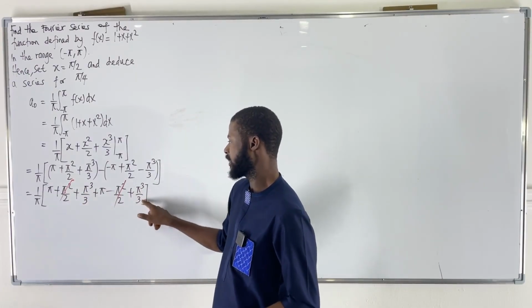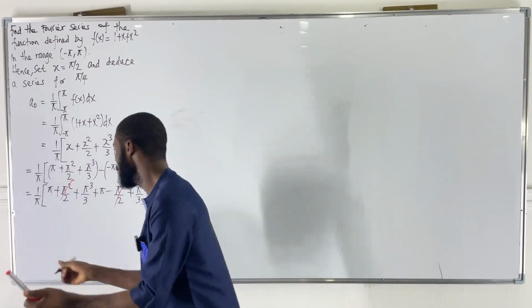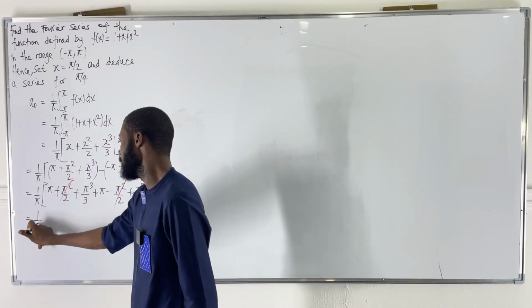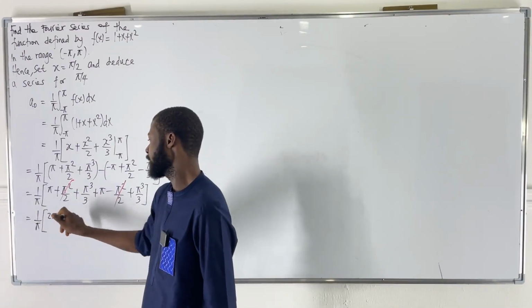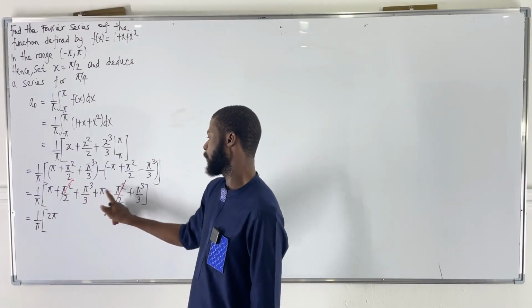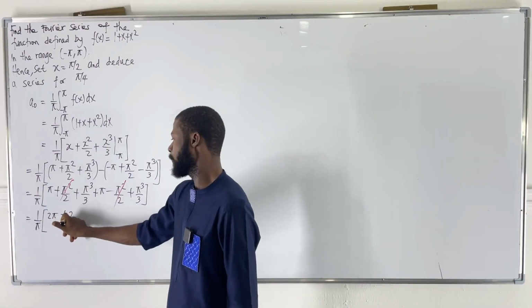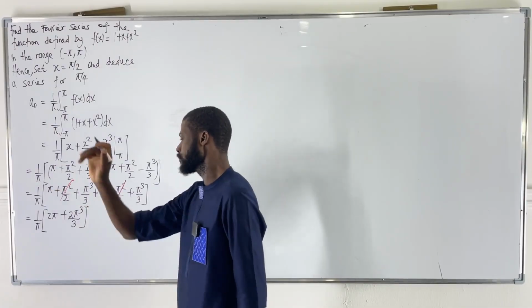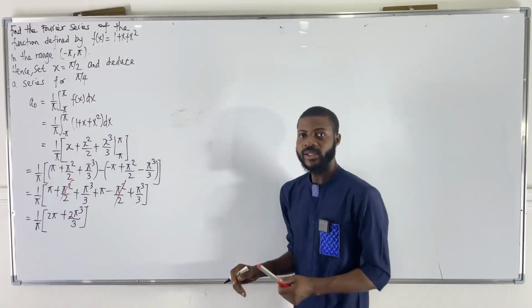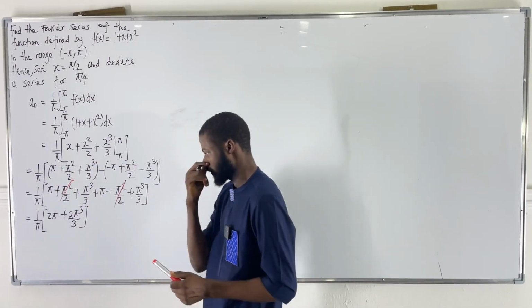This is also pi cubed over 3. So that's double of itself. So what I'll be having will become 1 over pi into pi plus pi is 2 pi. Then pi cubed over 3 plus another one will give me 2 pi cubed all over 3. All right. Now if you look at this expression carefully, something is common.